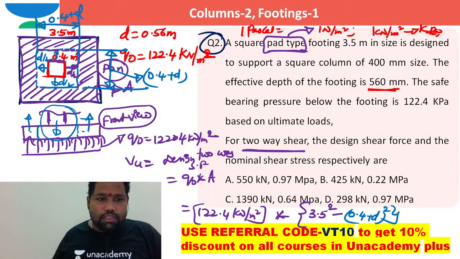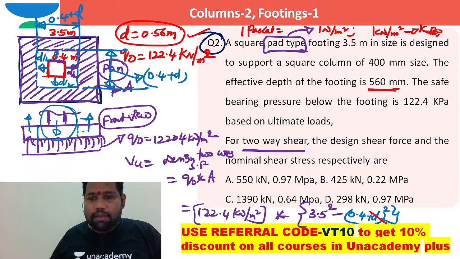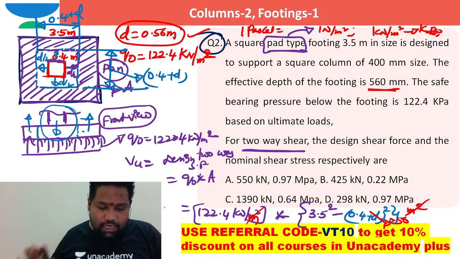Now coming to d, what is the answer for d, brother? The answer for d is 0.56 meter, so keep d as 0.56 meter. If you do this, the meter square will get cancelled. The answer for this design two-way shear force will be in kilonewton.